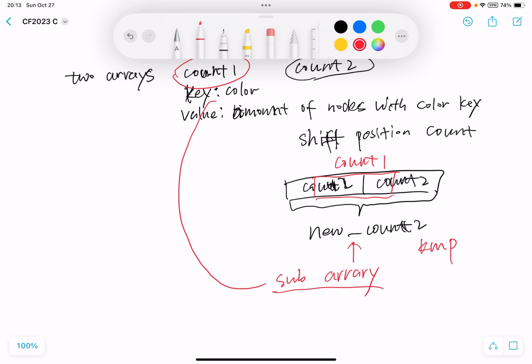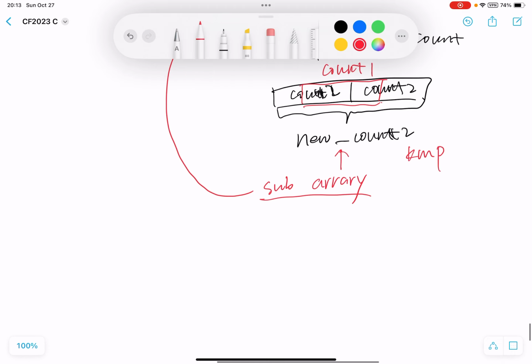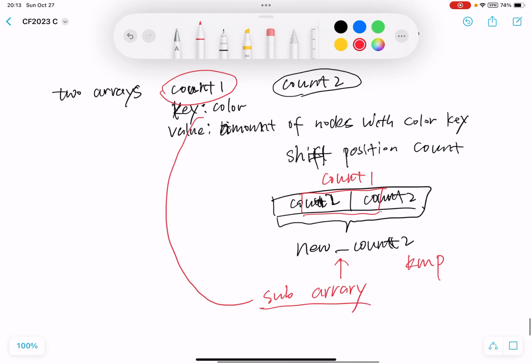In addition, let's talk about the next problem to totally solve this problem. In the next step, there is only one issue to totally solve the problem.